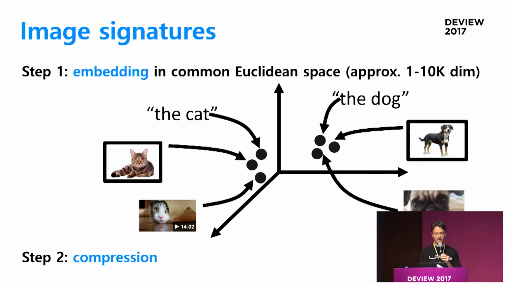And this space, typically, to give a rough estimate, will contain from a few hundred to a few thousand dimensions. And then in a second step, you would typically compress your data into an even smaller signature.